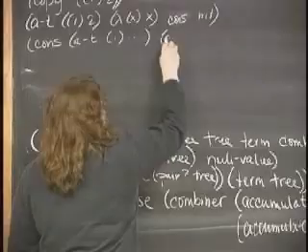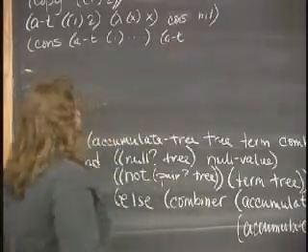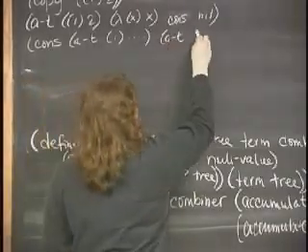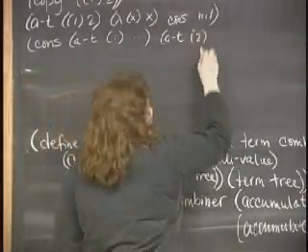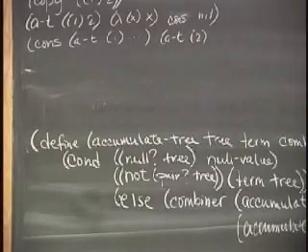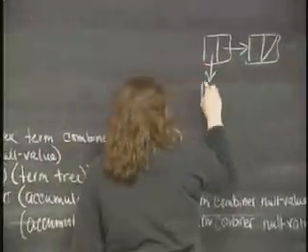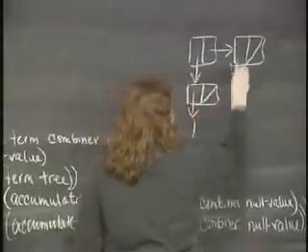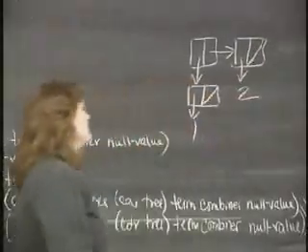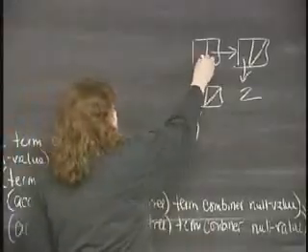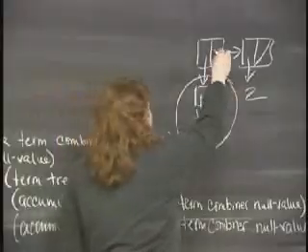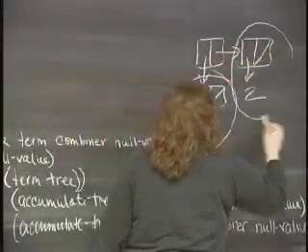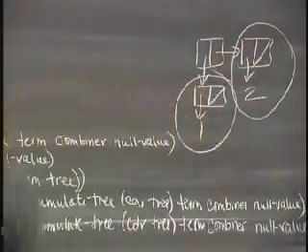We're going to cons that to accumulate tree of the cdr, which is just 2, so list 2. There's our list. The car of the list, what's pointed to here? That's the list 1. The cdr of the list, what's pointed to here? That's the list 2.